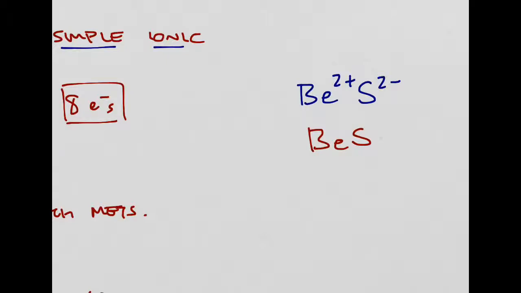So I want you to think about this. If I had calcium, which is a 2+, and I wanted it to combine with something in a nice even fashion, then I want something that might be a 2-.